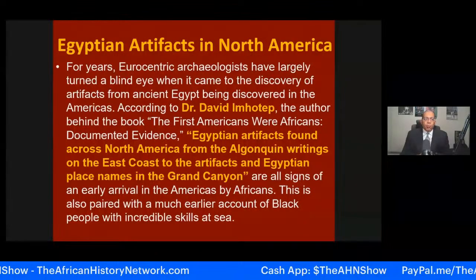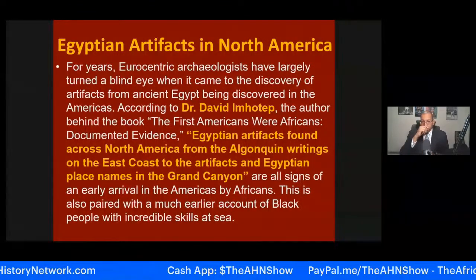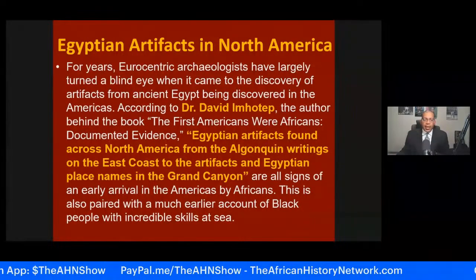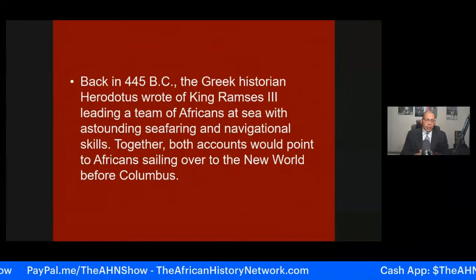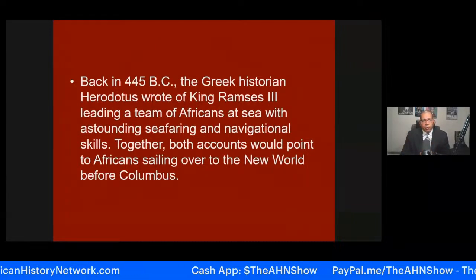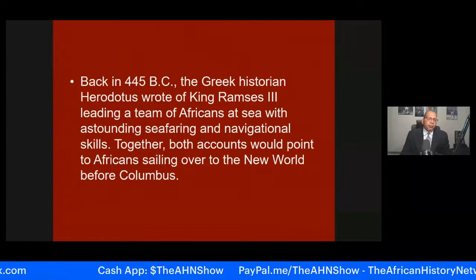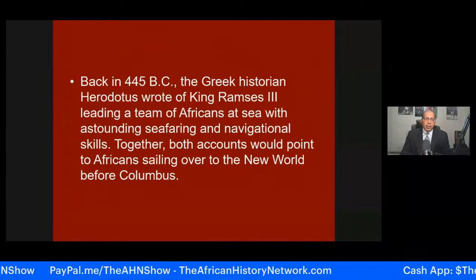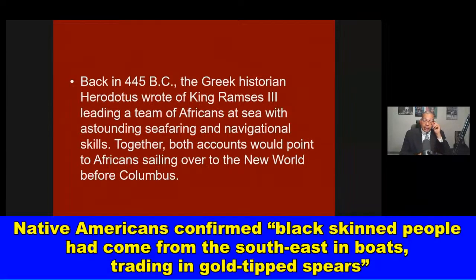This is also paired with a much earlier account of Black people with incredible skills at sea, seafaring, sailing. Now, back in 445 BC, the Greek historian Herodotus wrote of King Ramses III leading a team of Africans at sea with astounding seafaring and navigational skills.